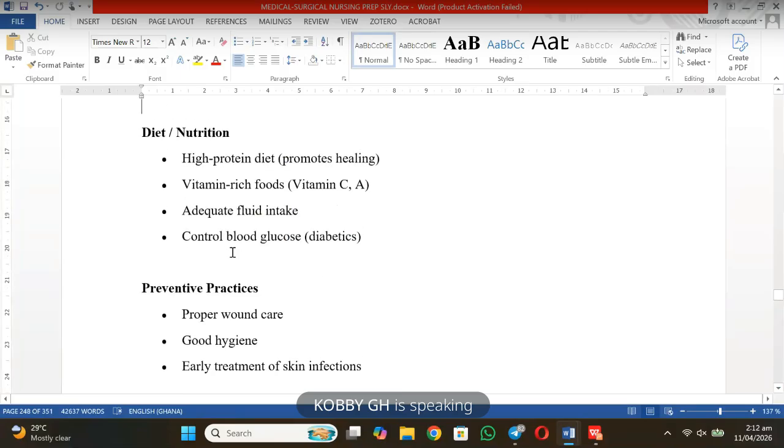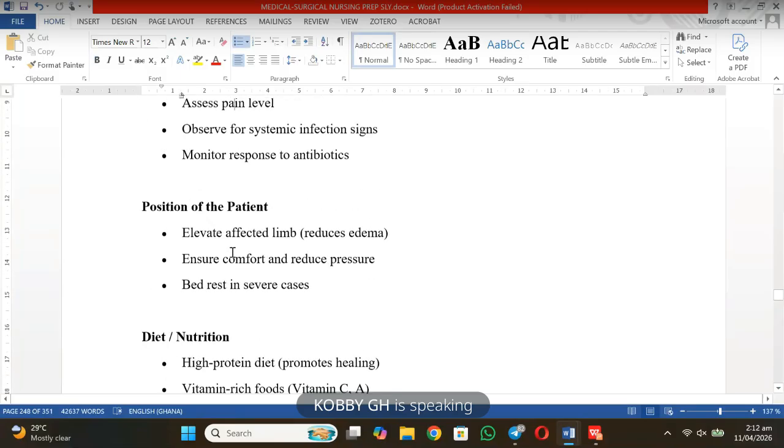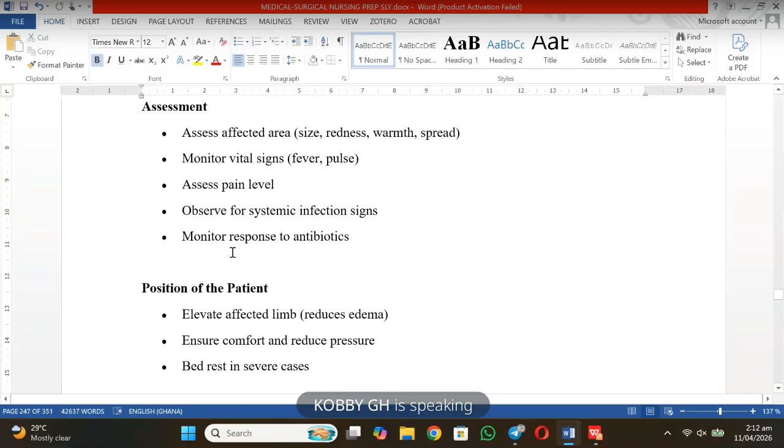So when there's a condition affecting the skin, apart from assessing for the pain, the location of the affected area, the size, the redness, the warmth, and how it is spreading, you monitor your vital signs because of the fever. And since this is an infection, the pulse may also increase. You observe the patient for systemic signs and all.